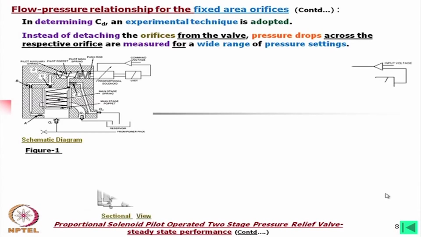You see, if we use this orifice separately, it is possible that a test rig can be made, and the orifice can be put there and we can find out its CD. But instead of that, we have used all the orifices in their positions and then we have measured pressure. How?